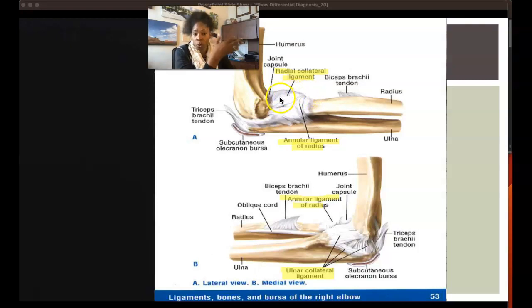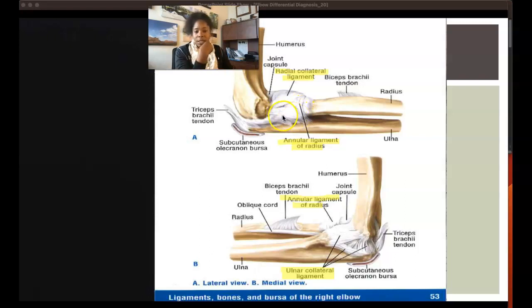And so its major role is to prevent varus forces at the elbow joint. So all in all, on the lateral side, we have the radial collateral ligament, which will serve to resist varus forces at the elbow, has an attachment to that lateral epicondyle, comes down and has an attachment to the most proximal portion of the radial head.